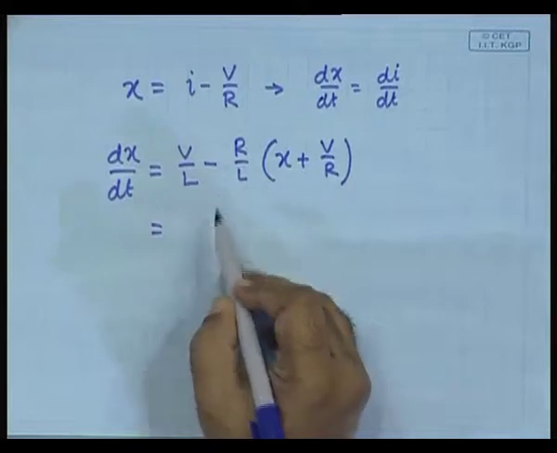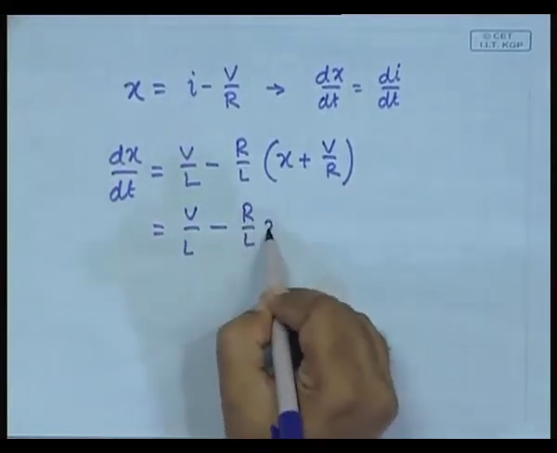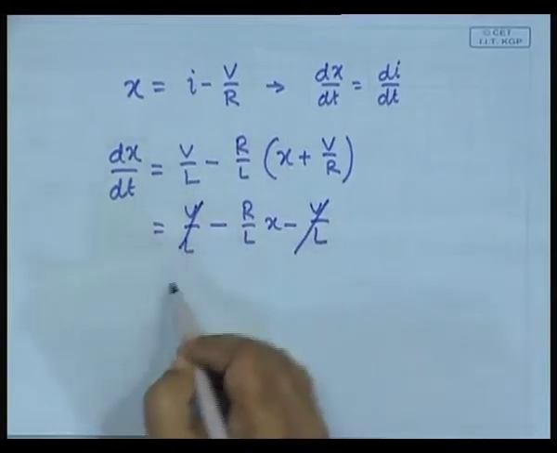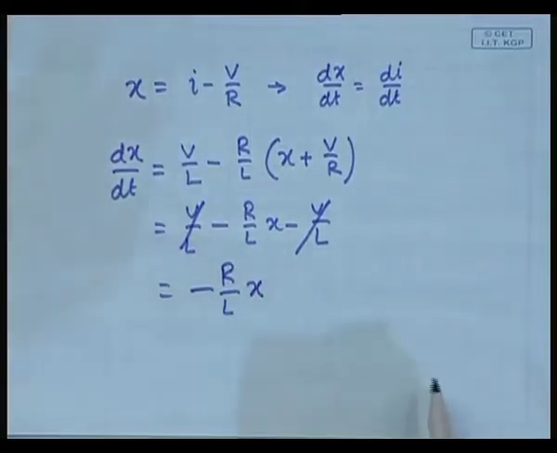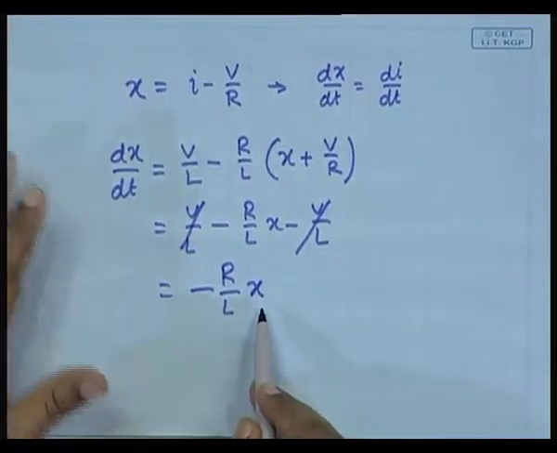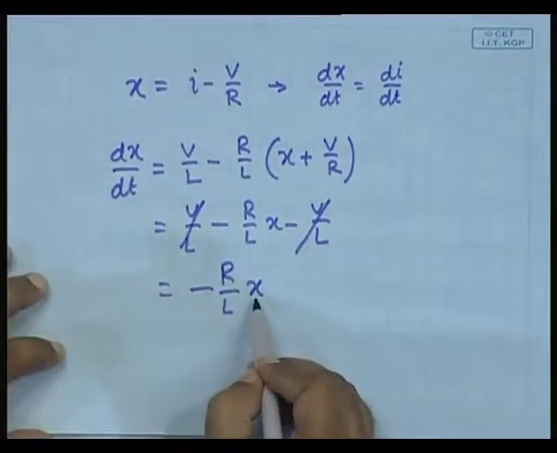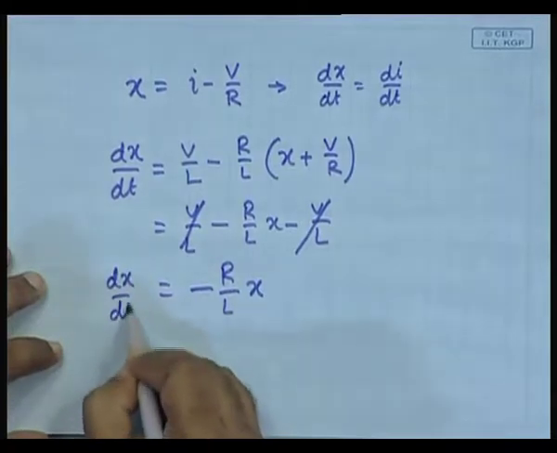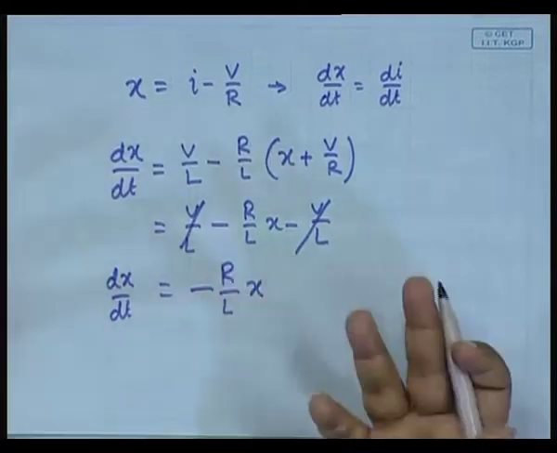You can see that v by L minus r by L x minus v by L is equal to minus r by L x. So, the equation is simply x dot is equal to something times x. So, dx dt is this. Its solution you already know.